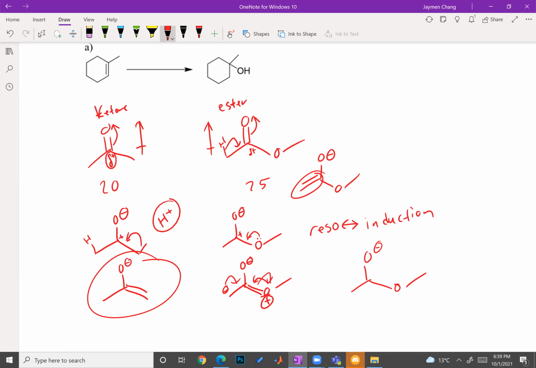The truth is, in 233, they don't really get too in depth into the stability of resonance versus induction. So I wouldn't worry about it too much, because this question does go a bit deeper, and it has to do with orbitals and how orbitals can stabilize negative charge as well. Does that make sense? I'm not trying to confuse you. I don't want to go too deep into this topic. But later you will see with enolates, so ketones and esters, we will talk about enolates.